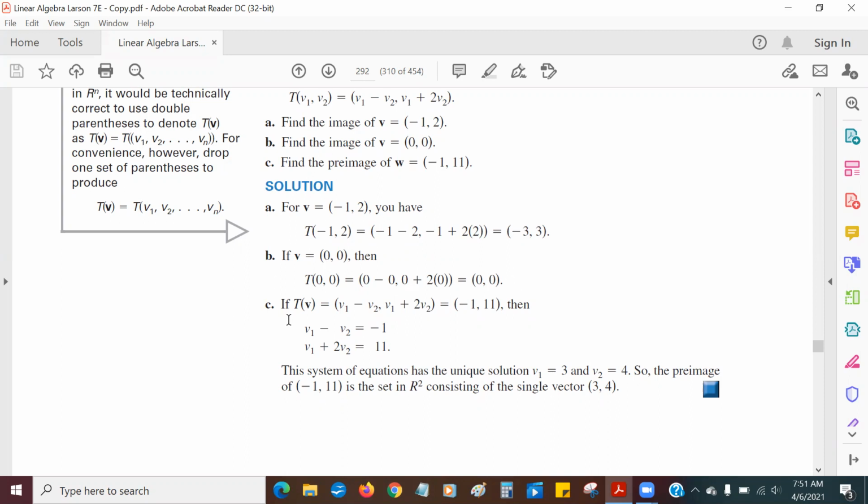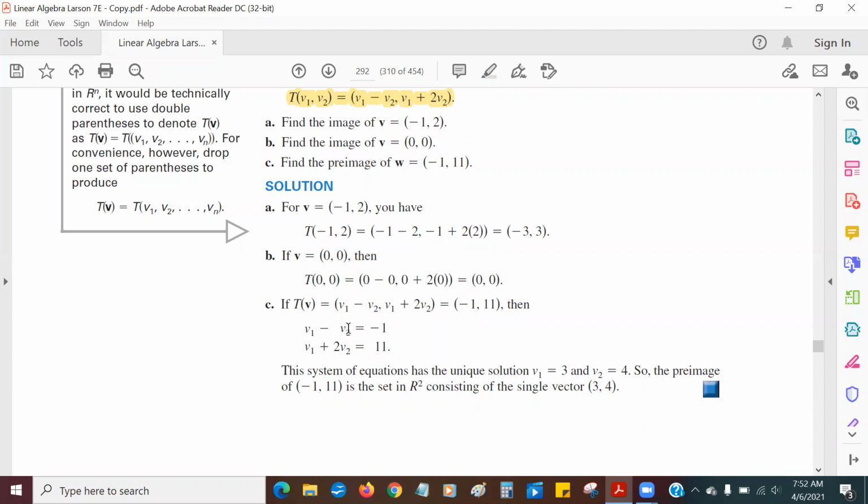Now we want the pre-image of -1 comma 11. So we want to find v1 and v2. T of the vector v, by the definition, is v1 minus v2, v1 plus 2v2.